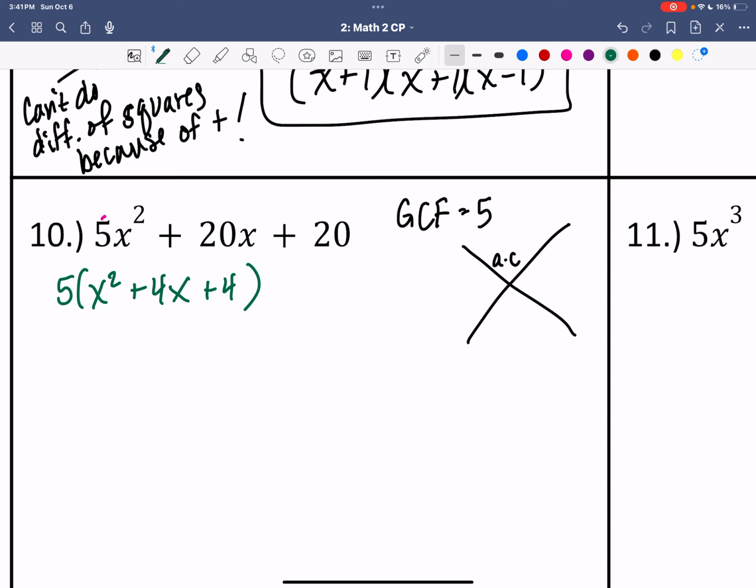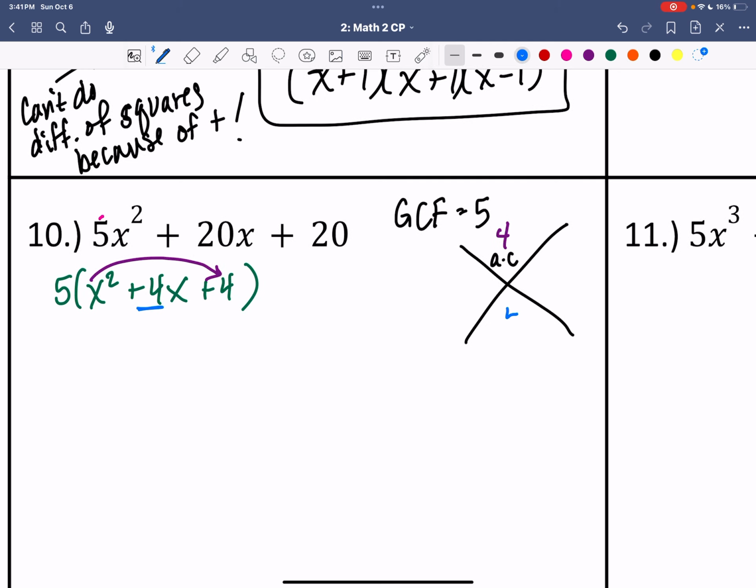Okay, so now let's go ahead. We factor that out. So now let's go ahead and let's do A times C, which we said is 1 times 4. But then we also have positive 4 here. So you've got your different things.